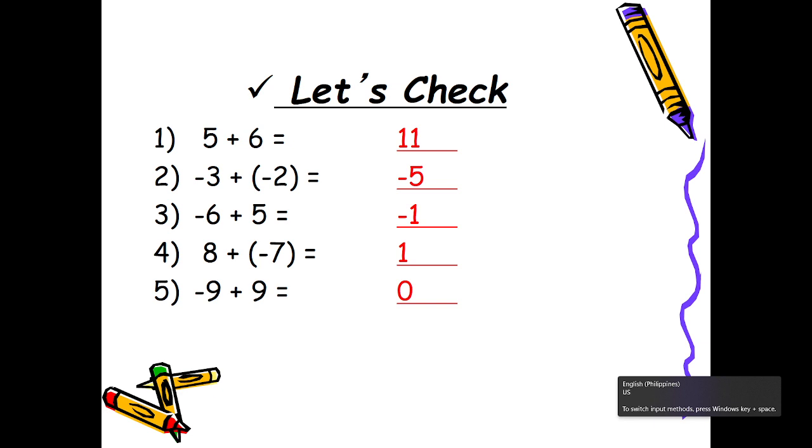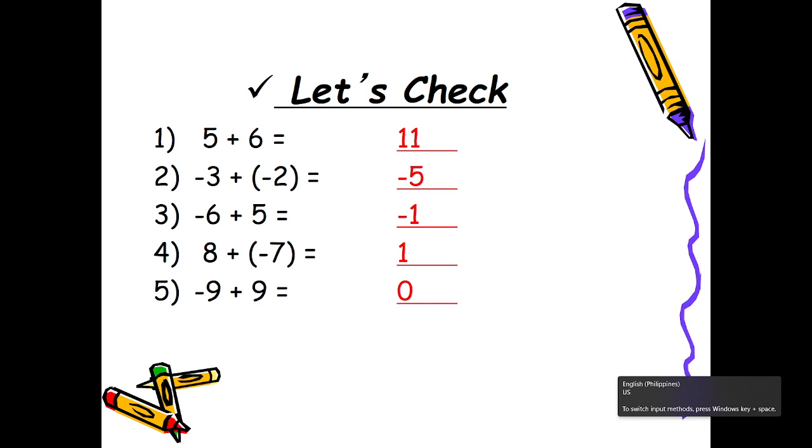Next is negative 6 plus positive 5. Now, in this case, one is positive, the other is negative, or they have different signs, therefore we need to subtract. 6 minus 5 is 1, and it's time to decide whether 1 is positive or negative. Now, between the two, 6 is farther from 0 than 5, and since 6 is negative, our final answer should be negative 1.